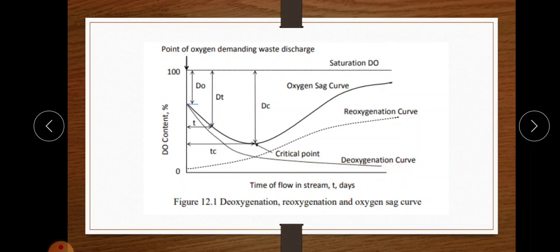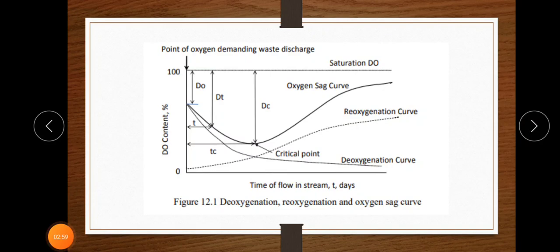It is similar to the first stage BOD curve, which we studied in the previous lecture.